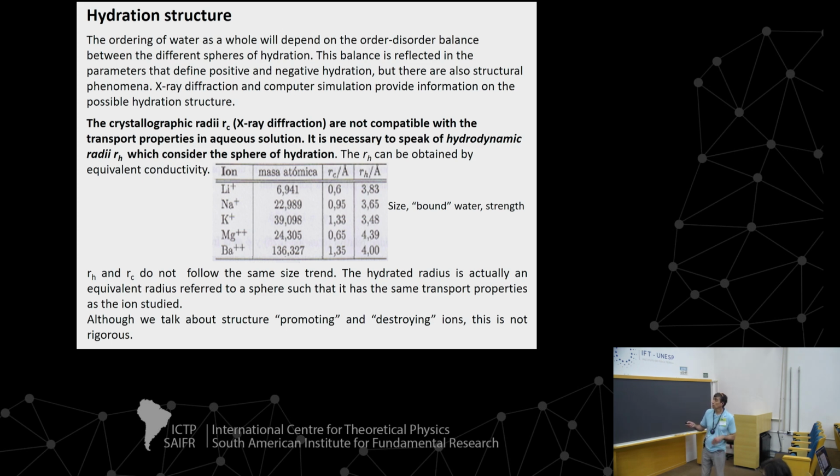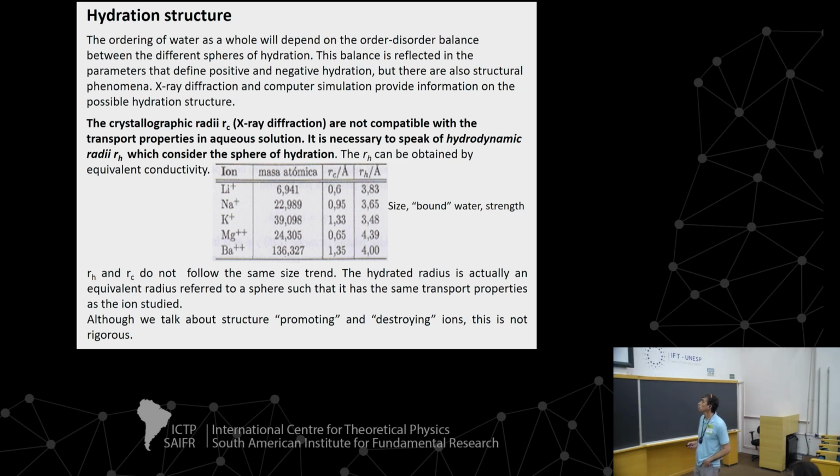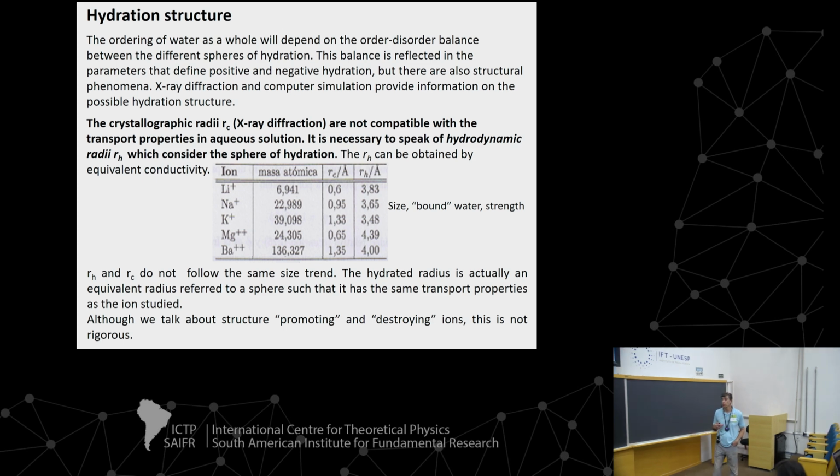Of course, when you have divalent cations, you have more charge, and you're going to have a bit higher hydrodynamic radius. So it's not just a matter of size. There are a lot of considerations you have to take into account.